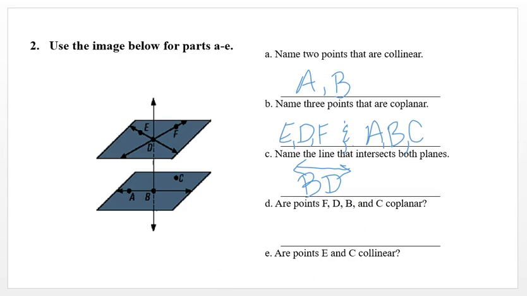For part D, it asks, are points F, D, B, and C coplanar? The answer would be no. You could possibly create a plane with these 4 points, but since it is not drawn in for you, we don't know that C is part of the plane that F, D, and B are in.